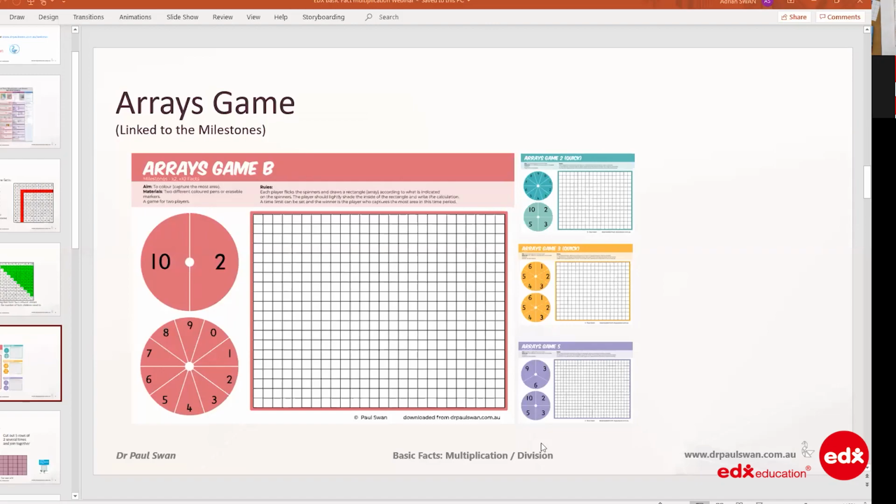Because when we were just playing with dice there, that was just 1 to 6, but we can build that sort of idea. So we can substitute different dice. So for example, I can use the ones that have 0 and 9 on them and so forth. So when we made those array games for you, we just put the spinner in.